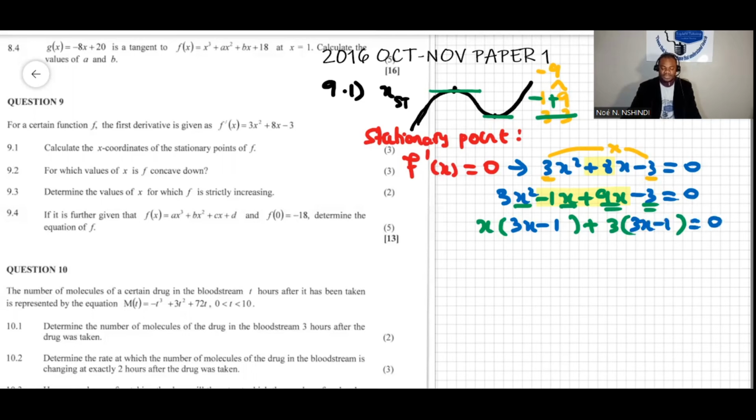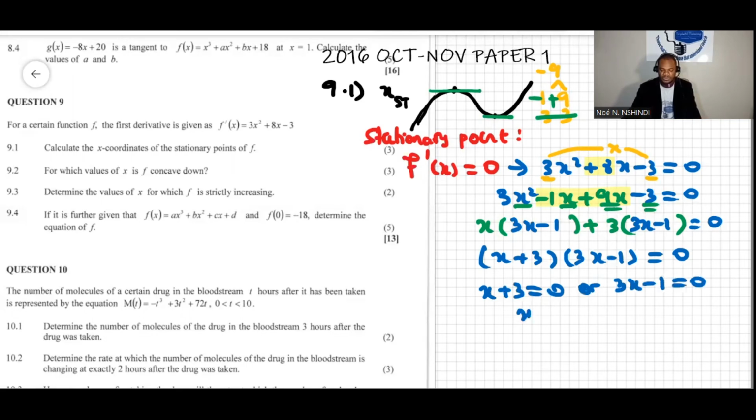Now we can factorize. This makes x plus 3, times 3x minus 1, equal to 0. This means that x plus 3 is 0, or 3x minus 1 is 0. And that means that x is -3, or x equal to 1 over 3. Because if you move the 1 over, it becomes +1 divided by 3, we got 1 over 3. So now, those are the values.